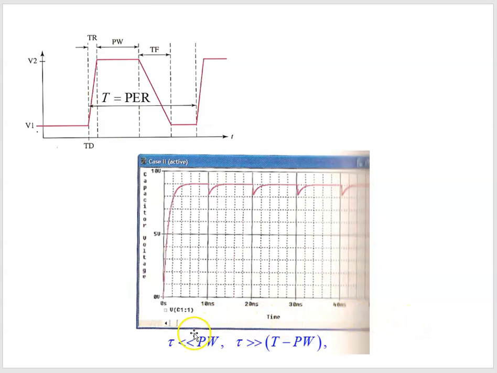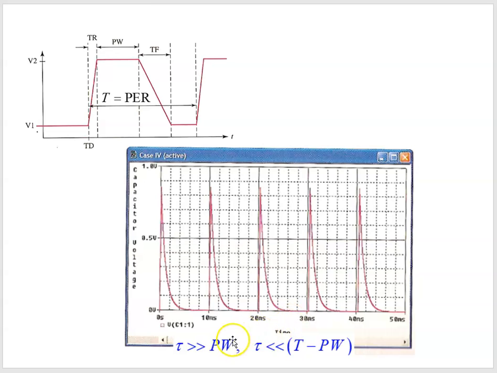If our time constant is much less than the pulse width but much greater than the time that the pulse is low, or T minus the pulse width, then we rise, but we're not able to fall. So it looks like it's just sitting up here at around 9 volts. It drops a little bit, but we just sit up there at 9 volts.